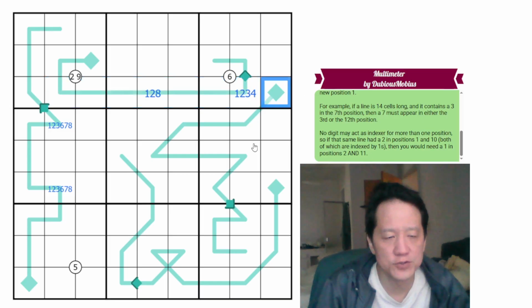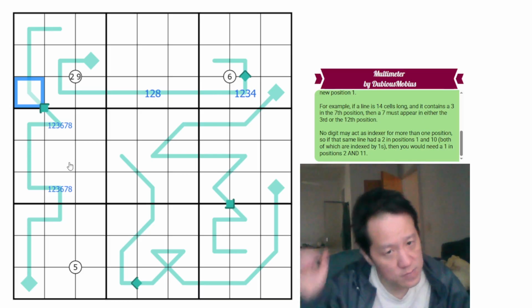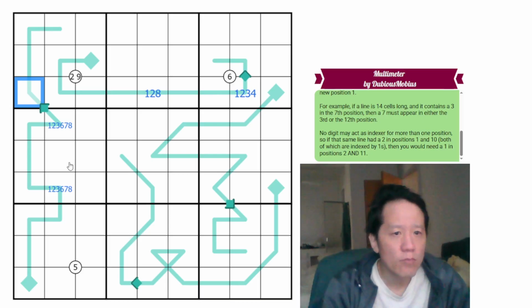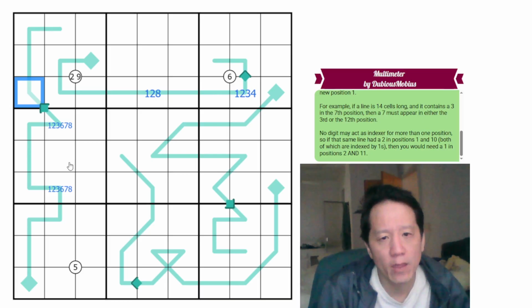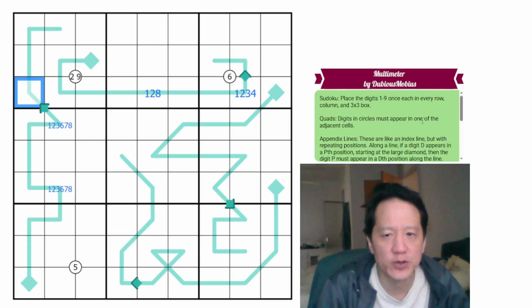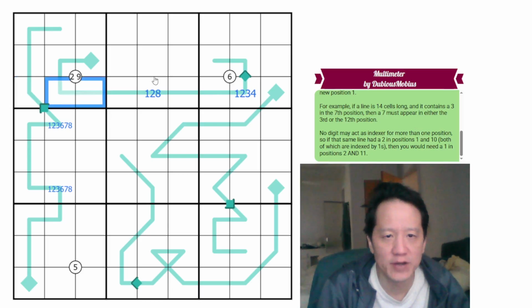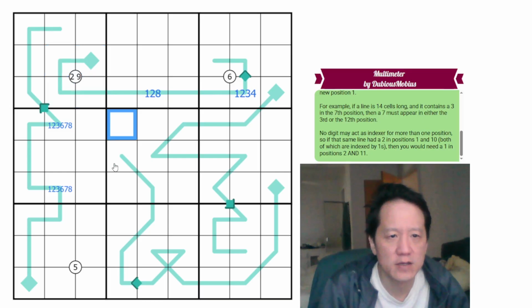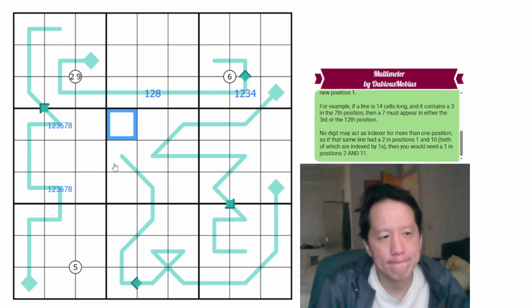This is the first in a set. This is also the first in a set. I actually haven't done very much with index lines either, so I'm not very familiar with what they imply.